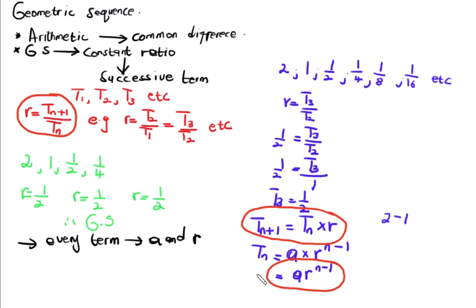So for example, T1 is just going to be equal to a, because that will be 1 minus 1, and anything to the power of 0 is 1. So T2 would be just a r to the power of 1, because this will be 2 minus 1. And then T3 will be a r to the power of 2. So any term of a geometric sequence can actually be written in the form of a and r.